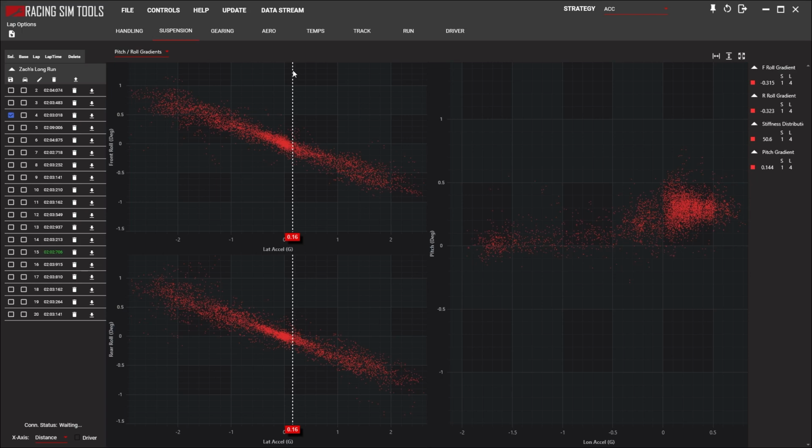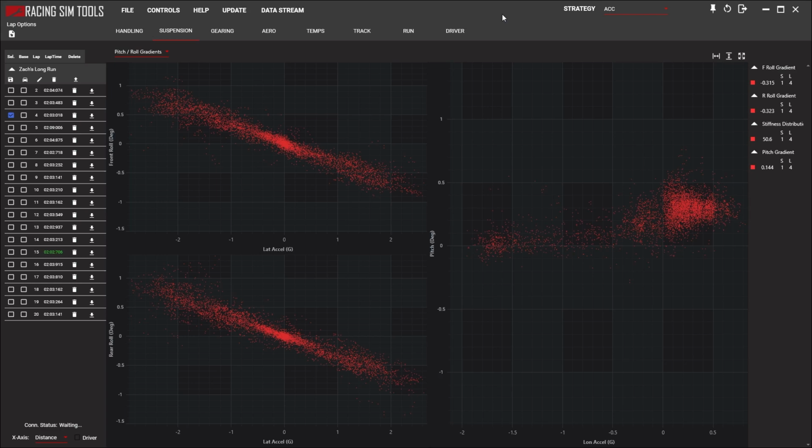But when I do that, I also affect my lateral stiffness, right? So what I can do is reduce the rear ARB, and that's going to reduce some of the lateral stiffness to bring it back in line. That's a really good example of where I will use roll gradient. Basically, I'll do some setups, I'll note what my roll gradient is, and then I'll make that spring adjustment.